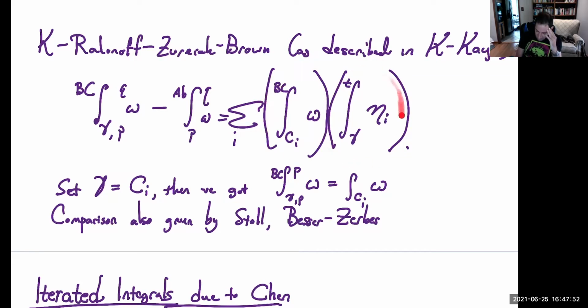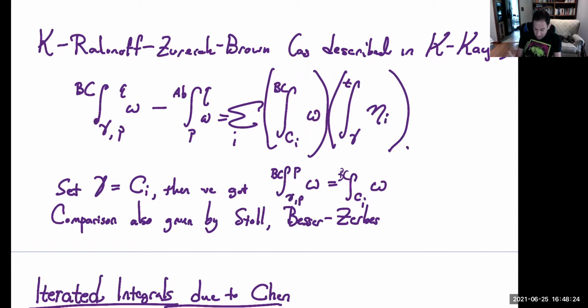And then there's this tropical integral that depends on the path. To verify that this formula makes sense, if I set gamma to be a path whose underlying cycle is Ci, I get that the Berkovich-Coleman integral is equal to this period term on the right-hand side.